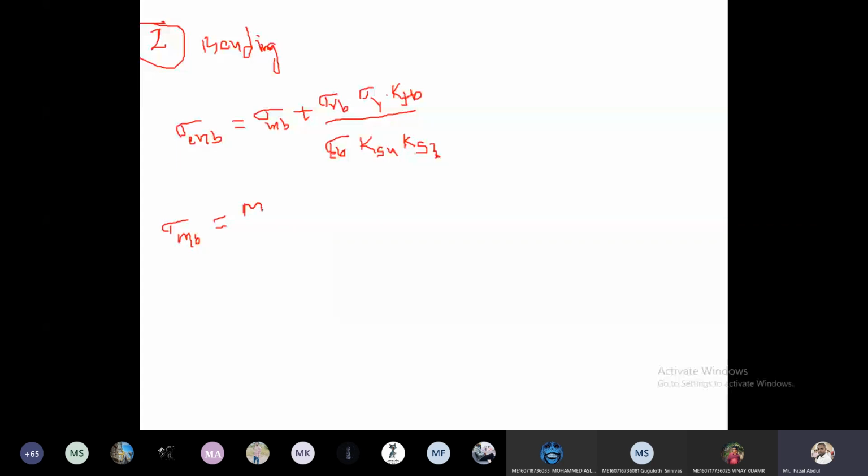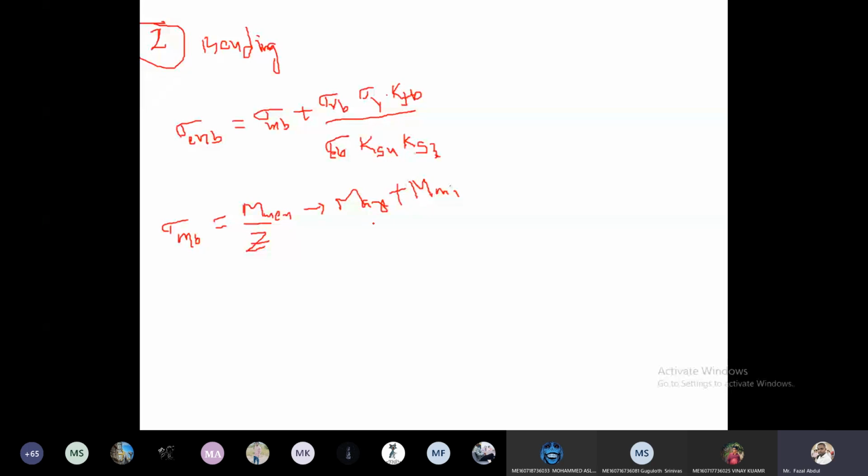For the mean bending moment we need to write: mean is maximum bending moment plus minimum bending moment by 2. That is the mean. If you put a negative sign here, that is the variable.